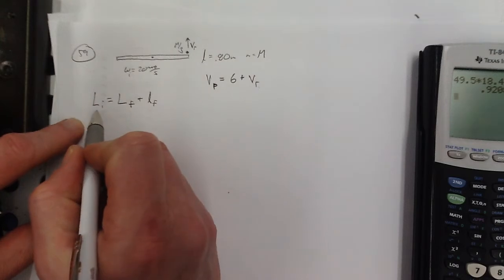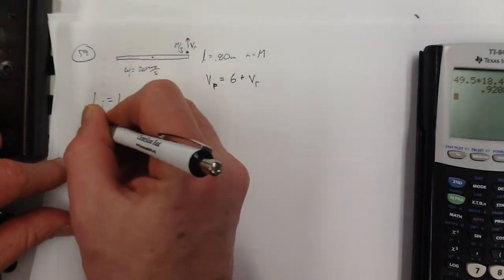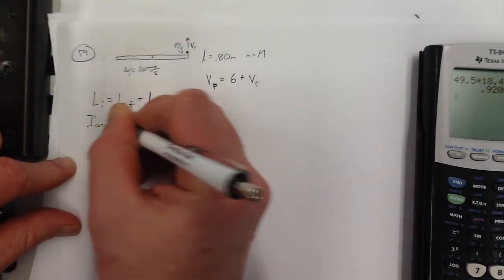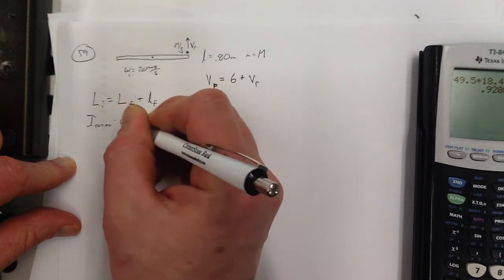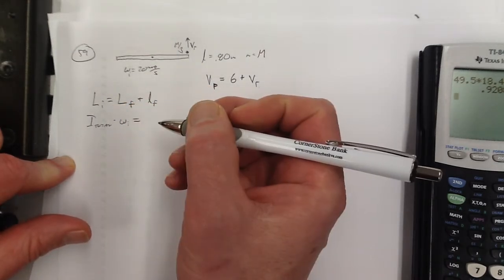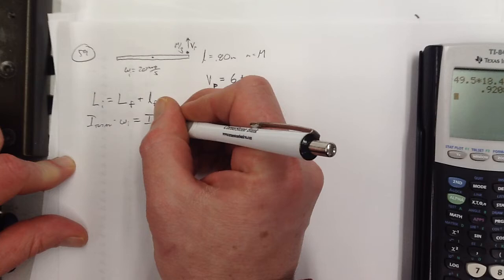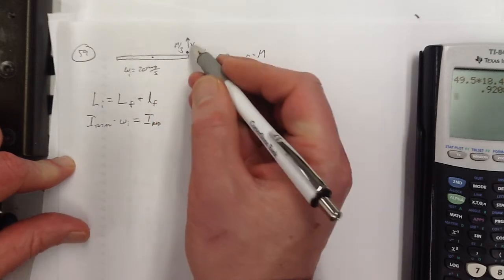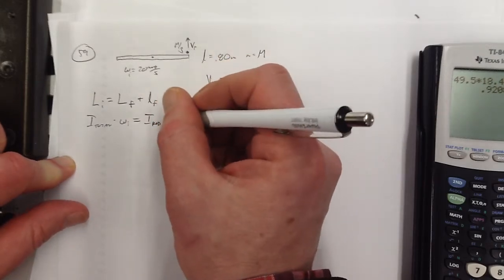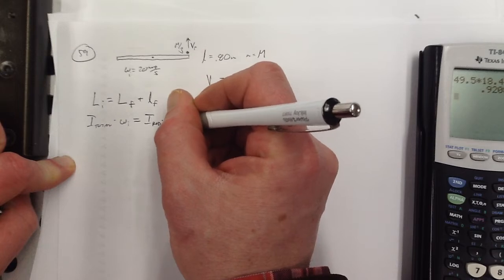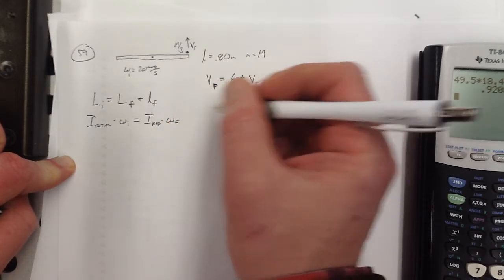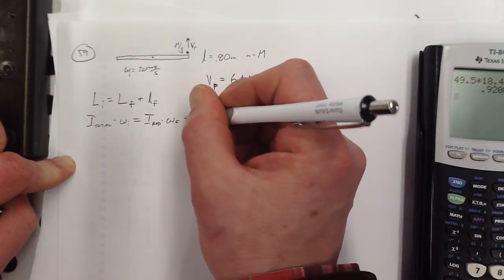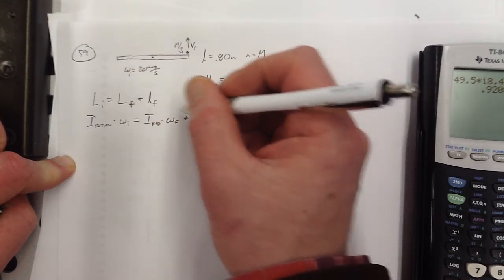So this is I omega, that's I total, times omega initial, is equal to the I of just the rod, because the particle has been ejected at this point, times omega final, plus R M V sine theta.